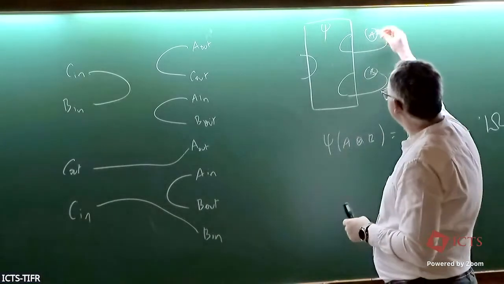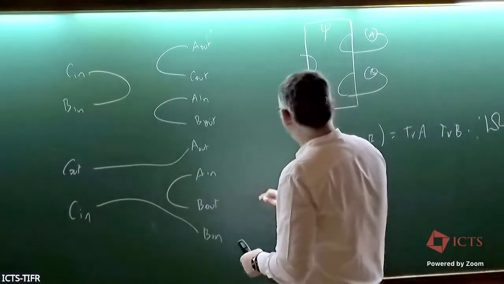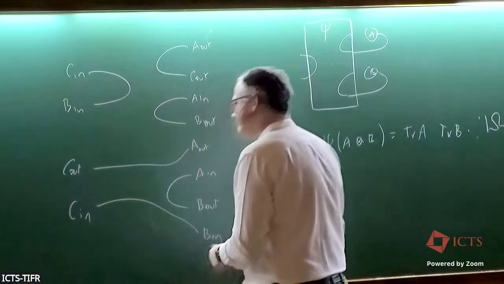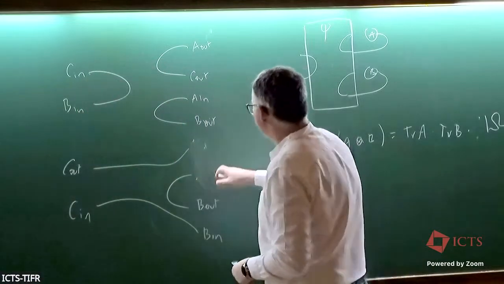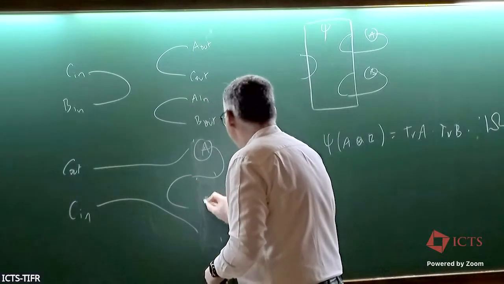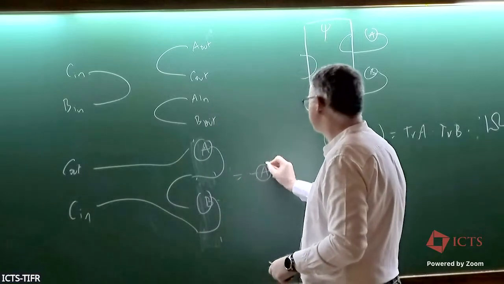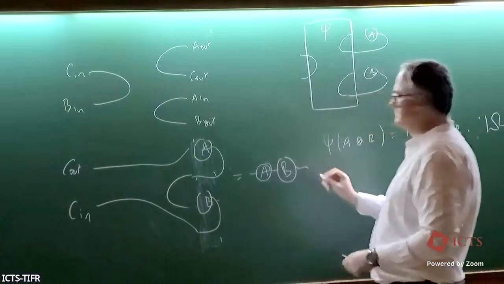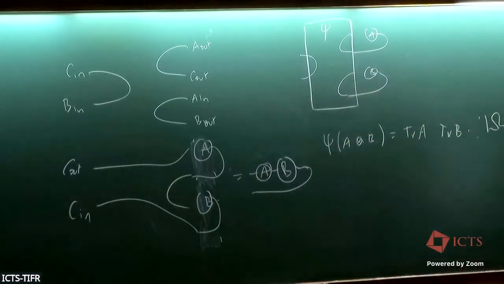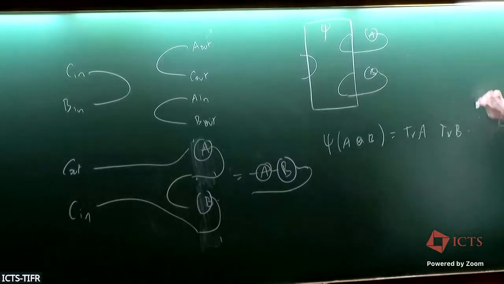So this tensor here, if I plug in A and B, I get this formula. Whereas here, if I plug in A and B, what I get is really AB. So if I can write identity here.